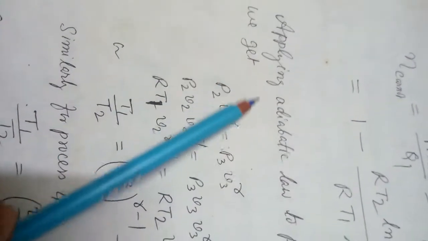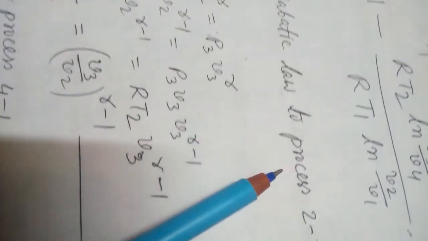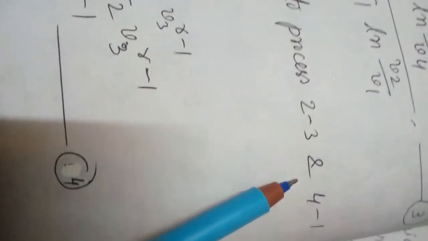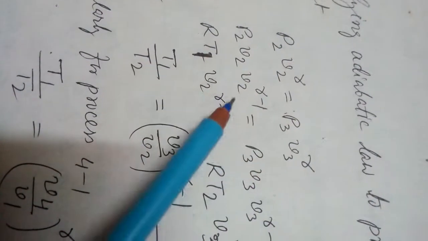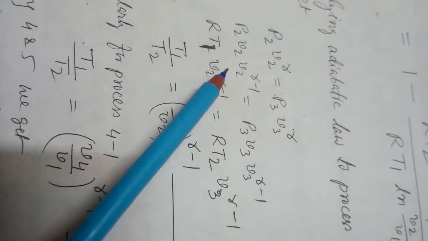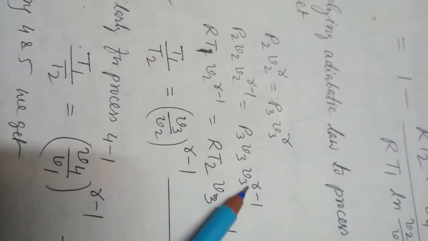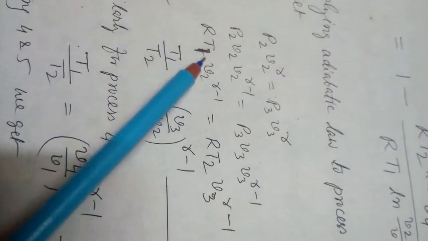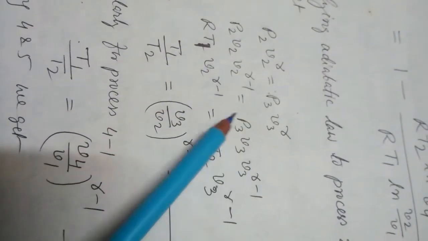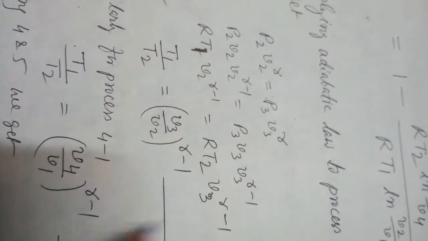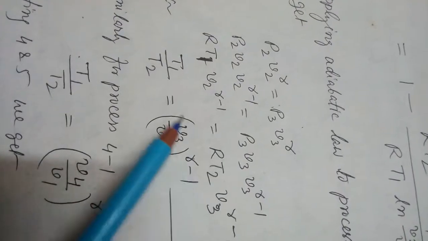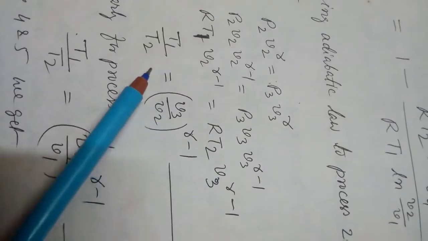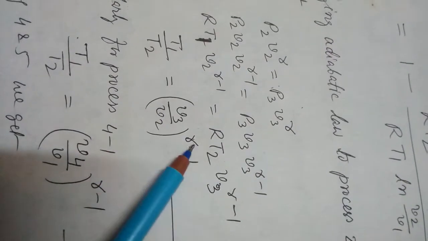Now, applying adiabatic law to processes 2-3 and 4-1. P2 V2 is equal to RT1. P3 V3 is equal to RT2. So T1 by T2 is equal to V3 by V2 to the power gamma minus 1.